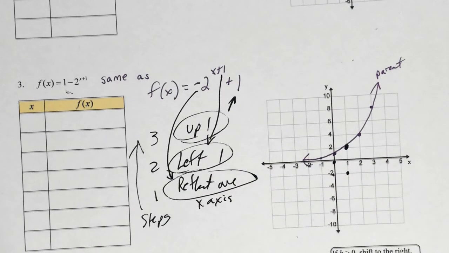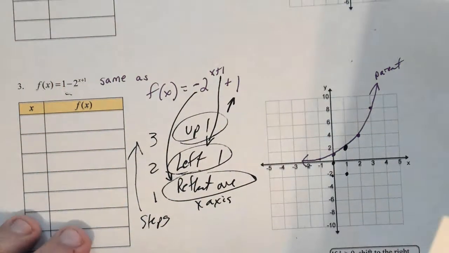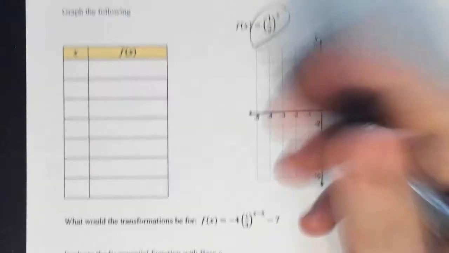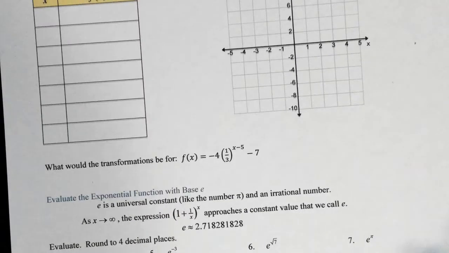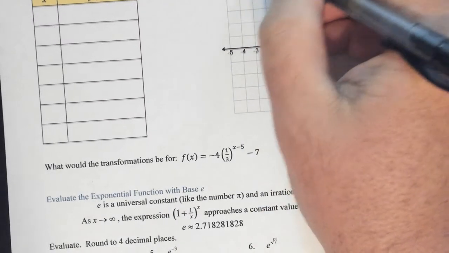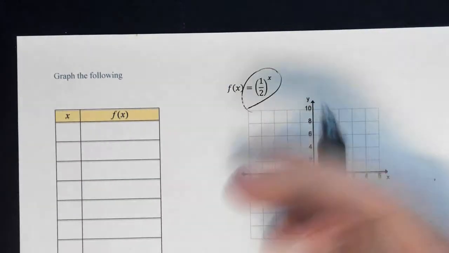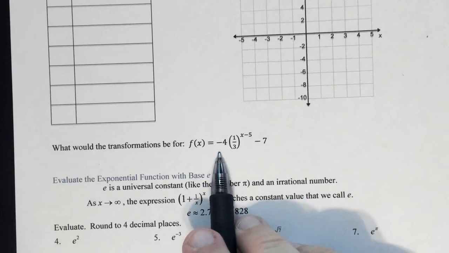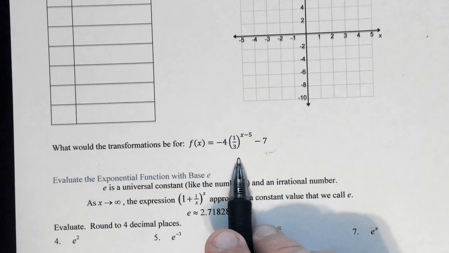Okay? Alright, so in page 3 of your notes, we're not going to worry about bases with fractions just because it gets a little nasty. And, again, all you're going to have to do is figure out the transformations off of something like this, and they're going to give you the picture. Okay? So if you look at this, what are my transformations?